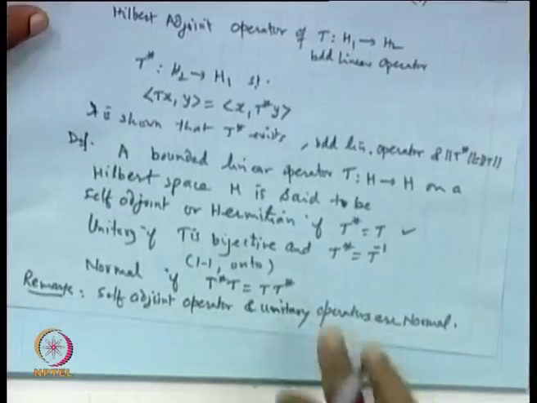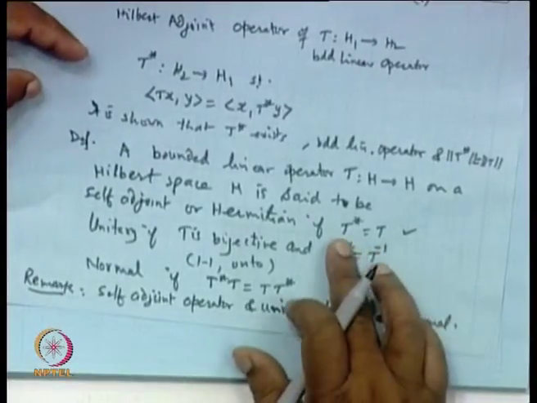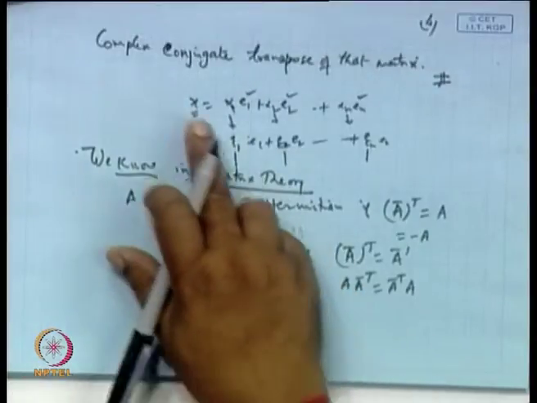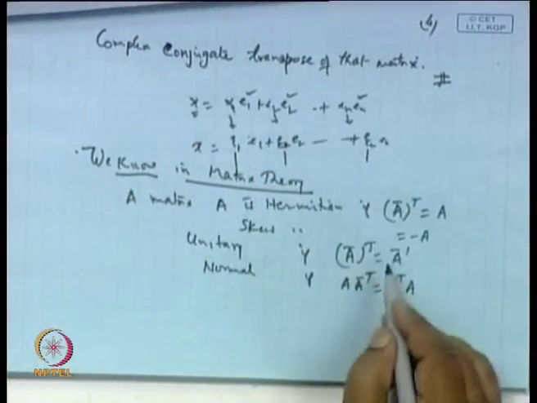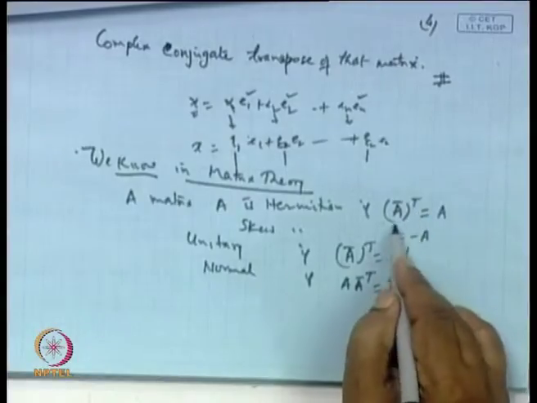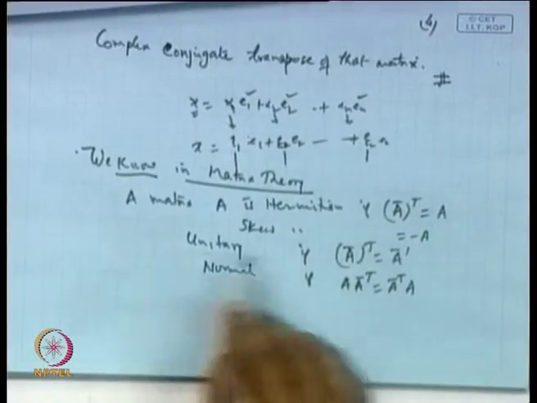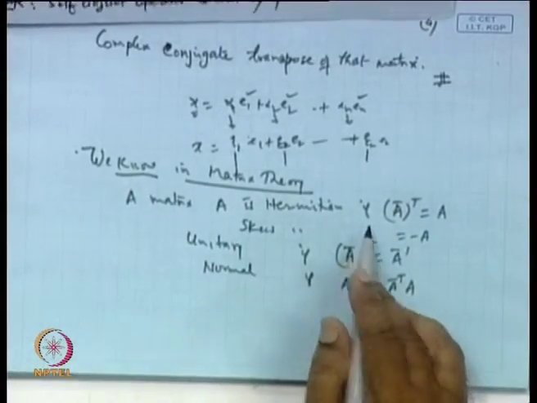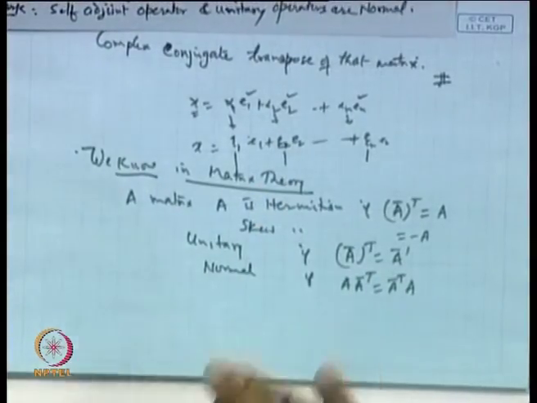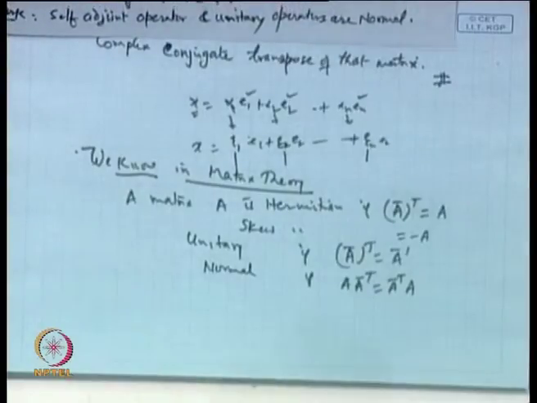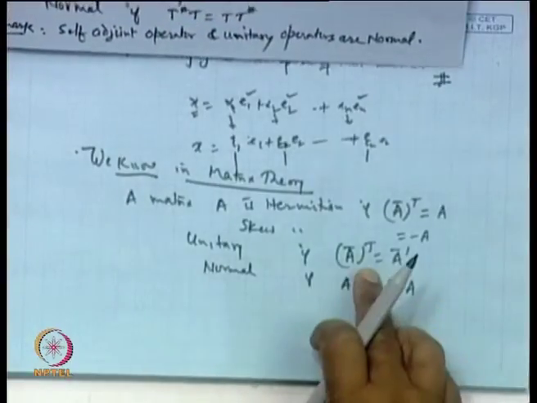Here we have defined T star is equal to T. What is T star? T star was the complex conjugate transpose of this matrix. So a matrix is Hermitian when T star is equal to T. And that is why we have said self adjoint or Hermitian. Clear? Similarly for the unitary we can say.